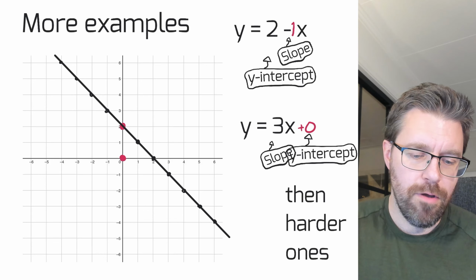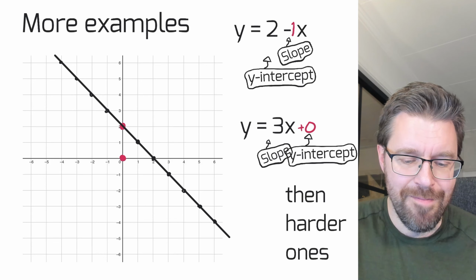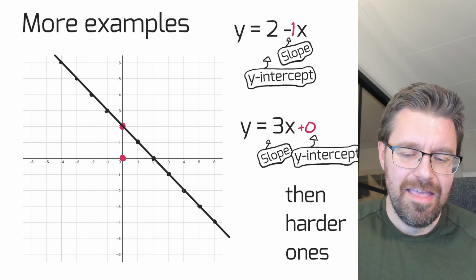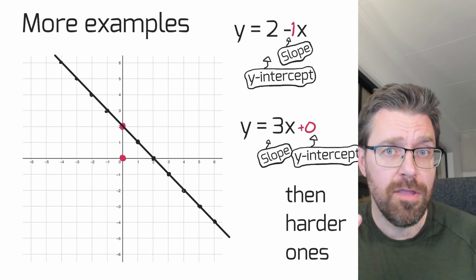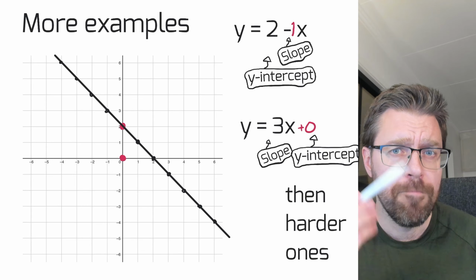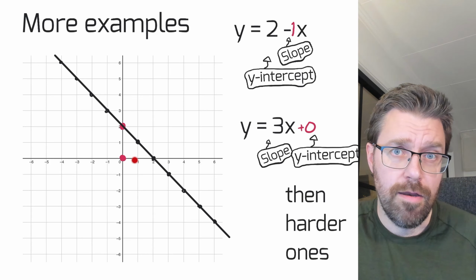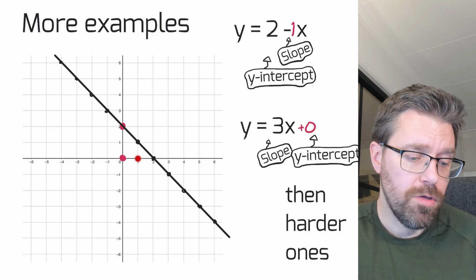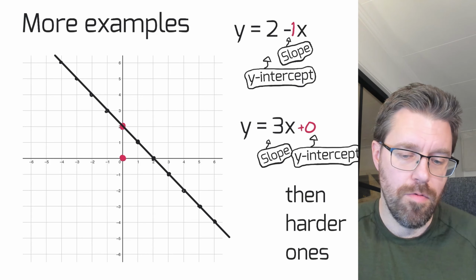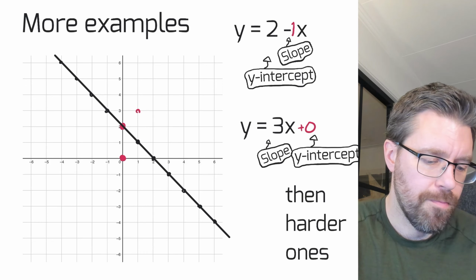The slope is the coefficient before x, and it is 3. It's a positive number, so the line goes upwards, and every single time I jump 1 to the right, then I go jump, jump, jump. So the next point is here.